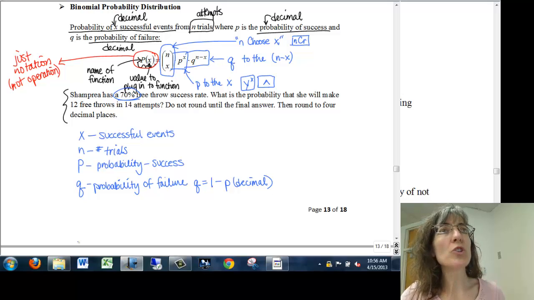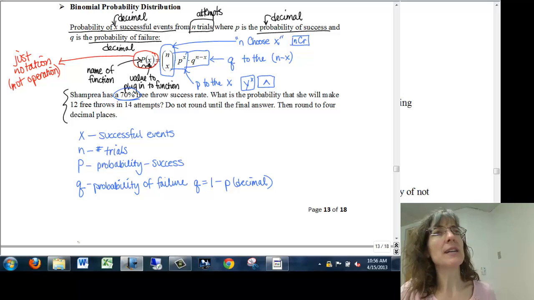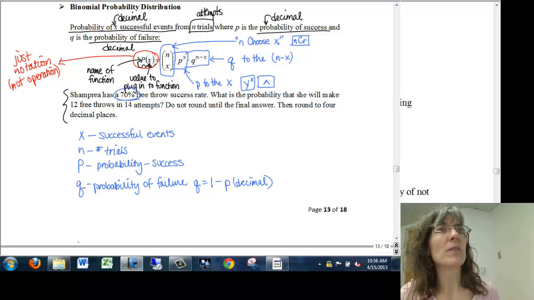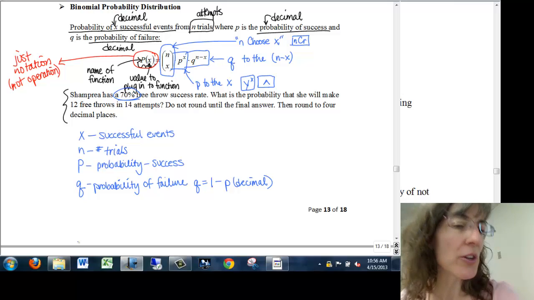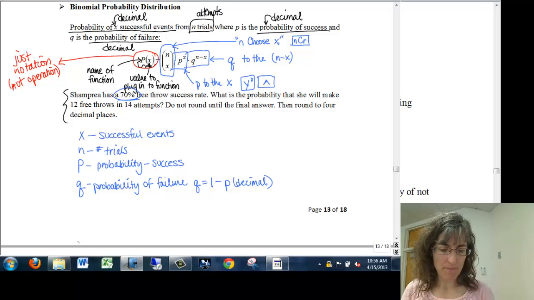So what we're trying to figure out is for Shampria, if she has 14 free throw tries, what's the probability that she's going to make 12 of them? Try on your calculator. What is 12 successes out of 14 attempts? 86%.